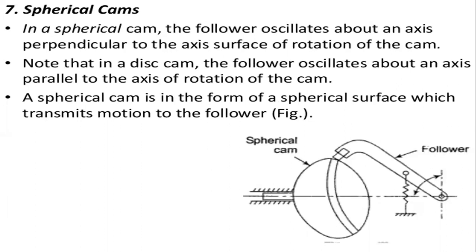This spherical cam has a follower which is oscillating about an axis, and generally this occurs in the spherical cams.